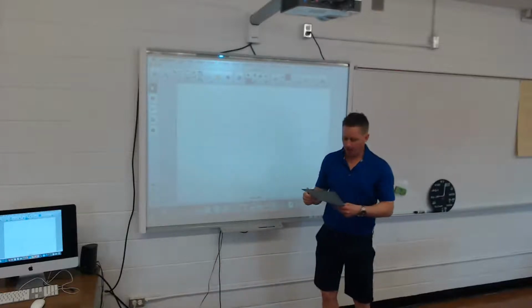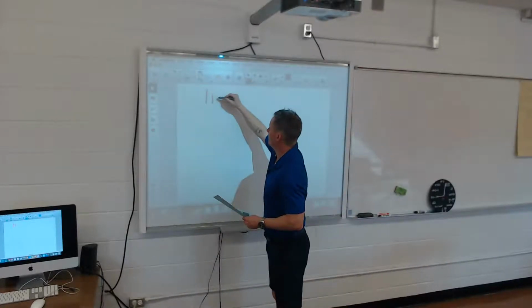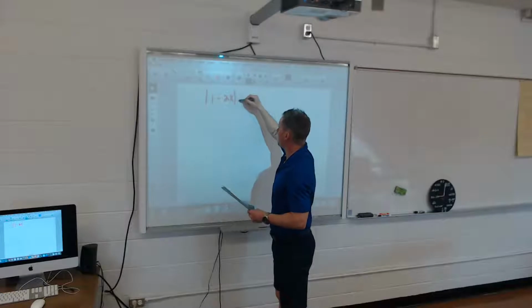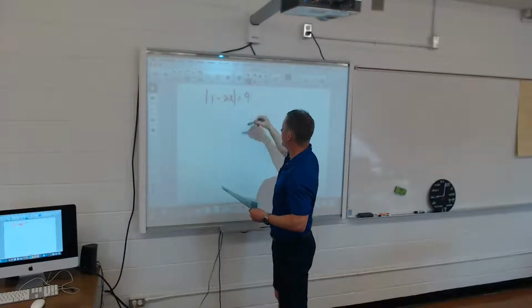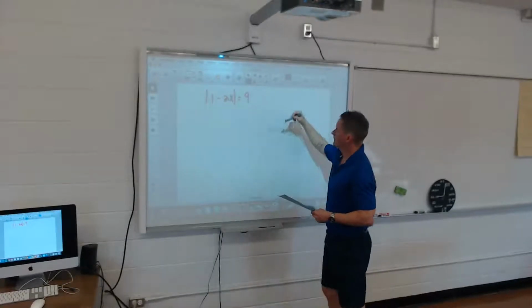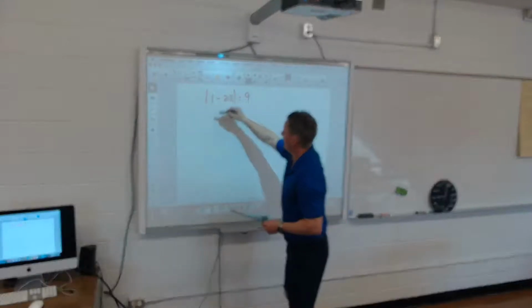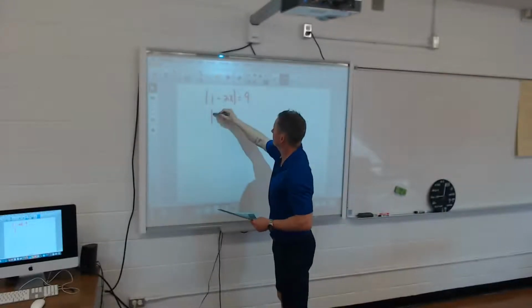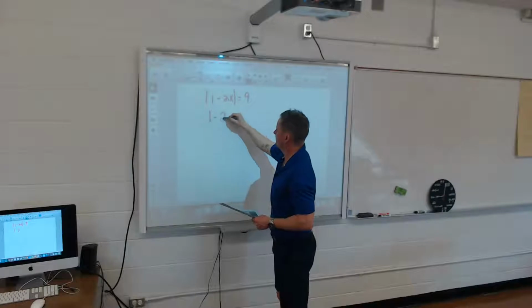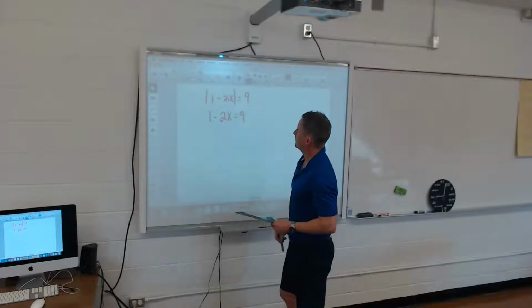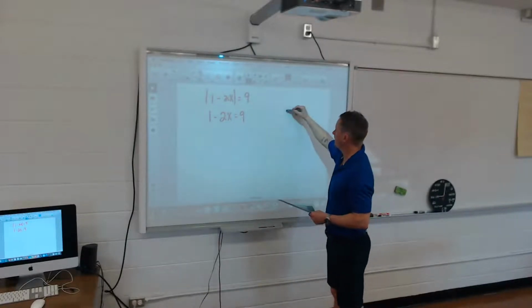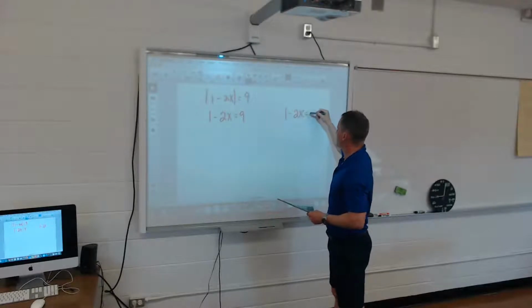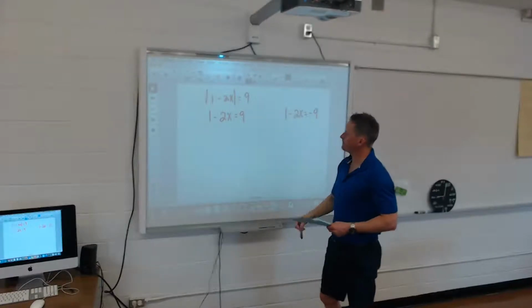Then we have to solve for the absolute value of 1 minus 2x equals 9. Again, we know that 1 minus 2x can equal 9, and 1 minus 2x can equal negative 9.